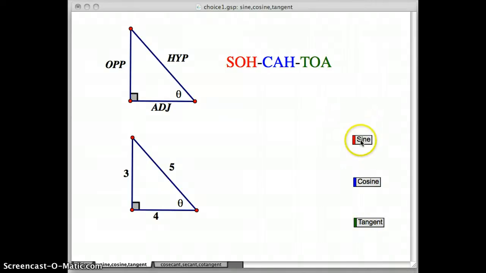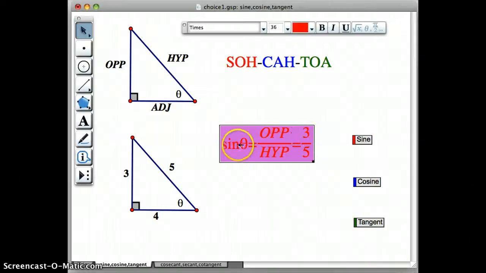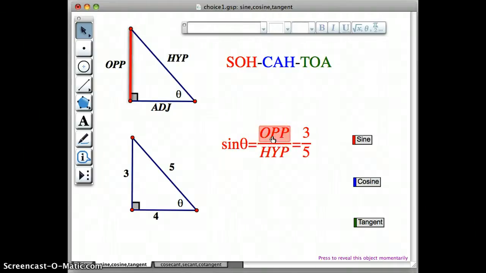With sine functions, your sine of theta, or sine of your angle, will be the opposite side of the triangle divided by the hypotenuse side of the triangle, which in this example is 3 divided by 5, because 3 is your opposite side and 5 is your hypotenuse. Up here: sine, opposite, hypotenuse. It'll be a great way for you to remember.